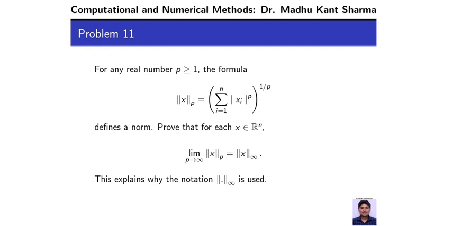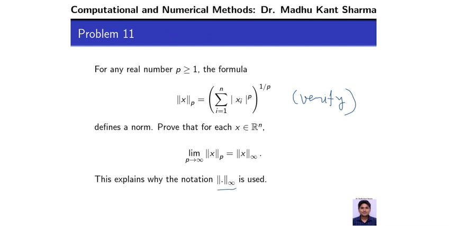The infinity norm of x is the maximum over 1 ≤ i ≤ n of |xi|. Let this be equal to |xj| for some j.